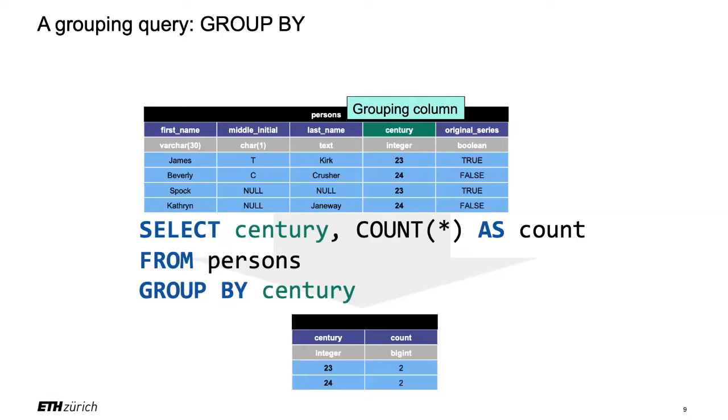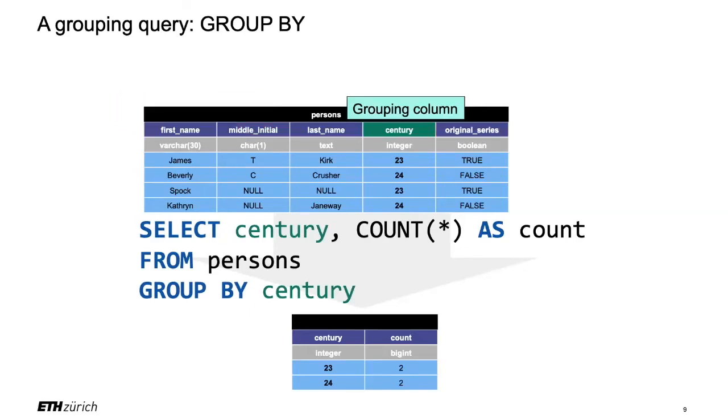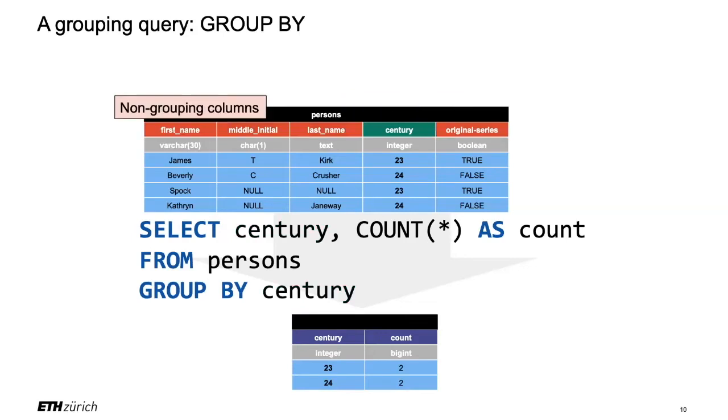You might also hear grouping key, right? You group by that. So the grouping column is in the output, the first one, and the others are the non-grouping columns, right? So whenever you group on a table, that automatically splits the columns into two kinds of columns. There's the grouping columns and there's the non-grouping columns, right? So you put them into two categories. Okay.